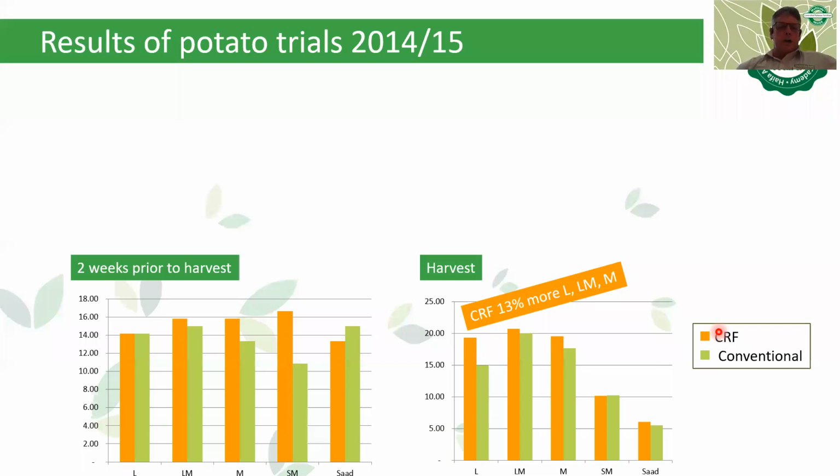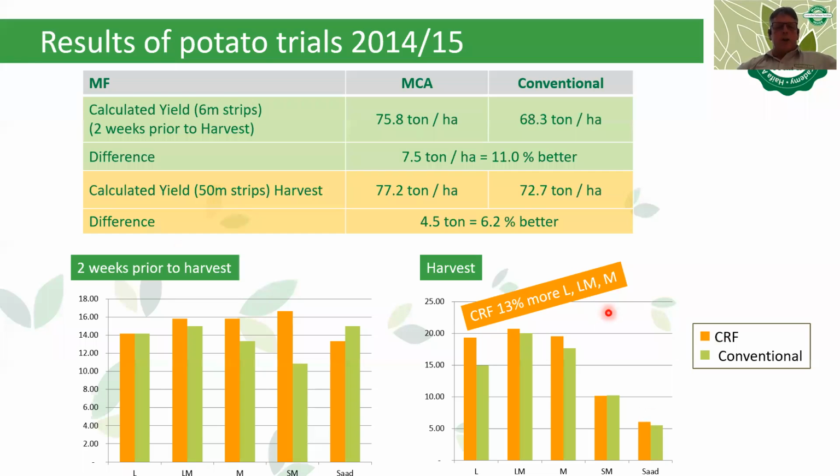We harvested 2 weeks prior to harvest, we did 6-meter strips, and at harvest we took out 50-meter strips, and we were sitting with 13% more large, medium, and medium. If one looks at the tons per hectare, when we did the 6-meter strips, we were looking at about 7.5 tons better on the multicote, as opposed to when we got to harvest with the 50-meter strips, we were 4.5 ton better.